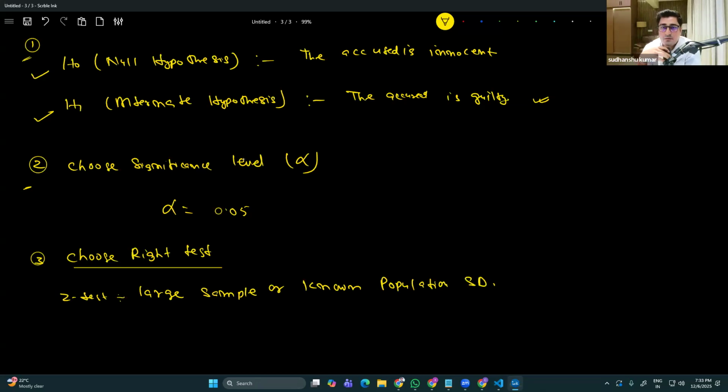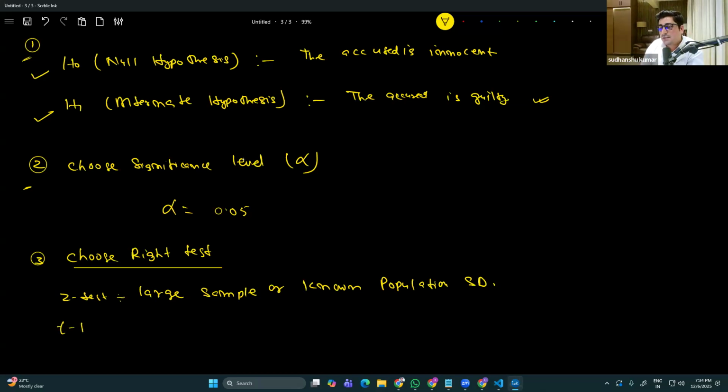I believe we all know the meaning of standard deviation. When we have a very large sample, maybe more than 100, that is a pretty decent sample in the statistics world, in that situation I will be opting for a Z test. Or whenever we are aware of the standard deviation of a population, we'll be opting for a Z test.